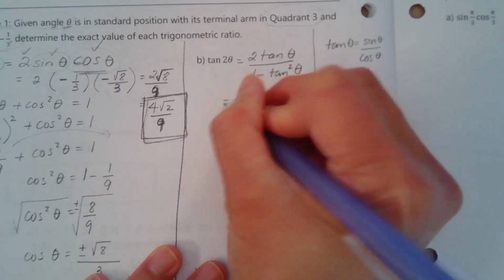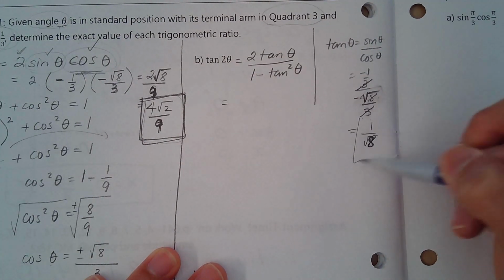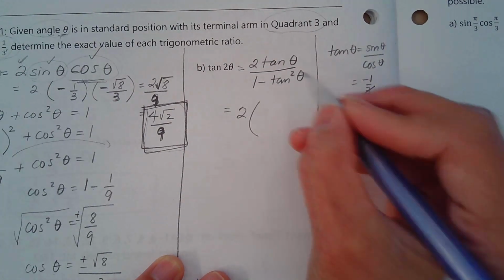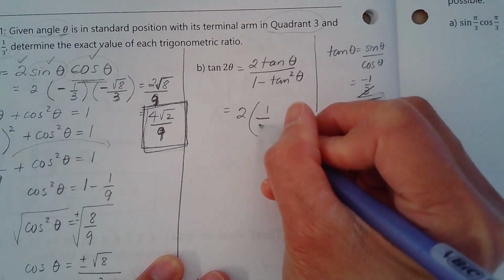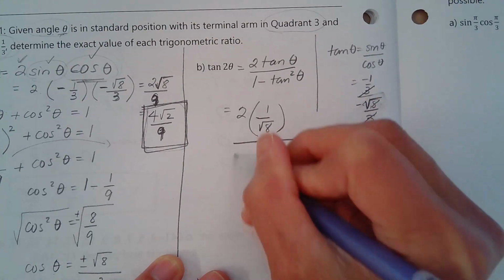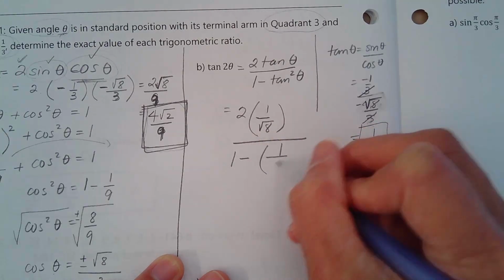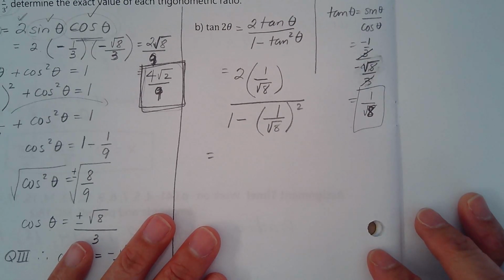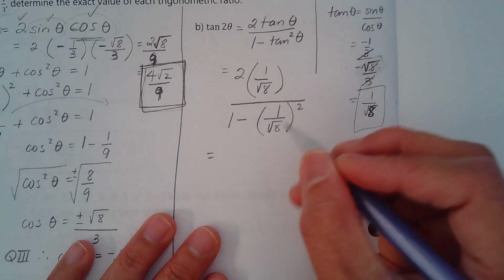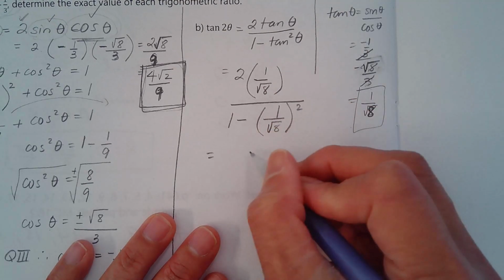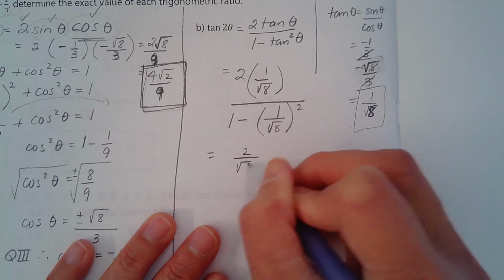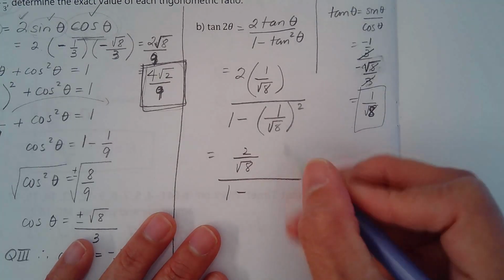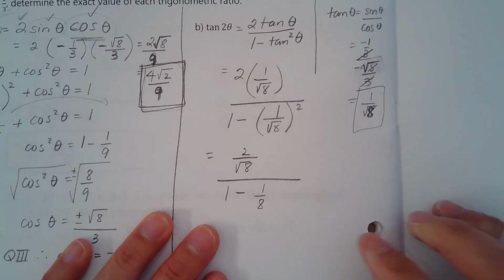Okay, so let's see. Do we have enough? Yes, we do. So it's going to be 2 times tan theta, which is 1 over root of 8, divided by 1 minus 1 over root of 8 squared. It's going to be 2 over root of 8 over 1 minus 1/8.